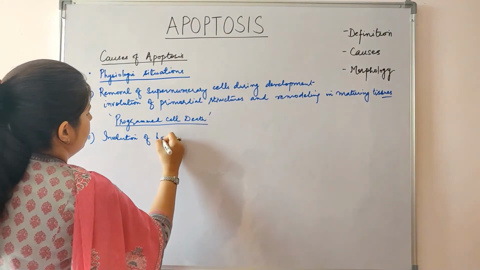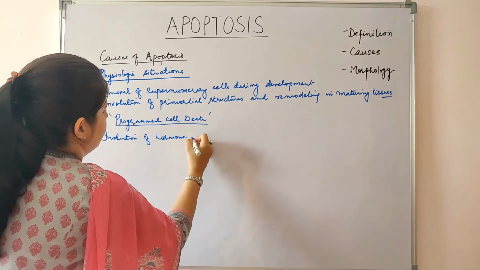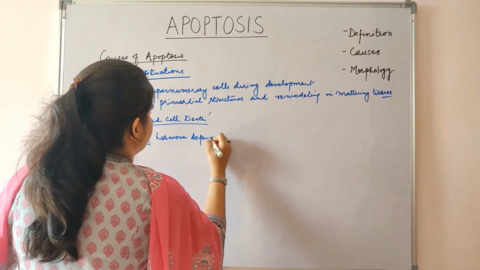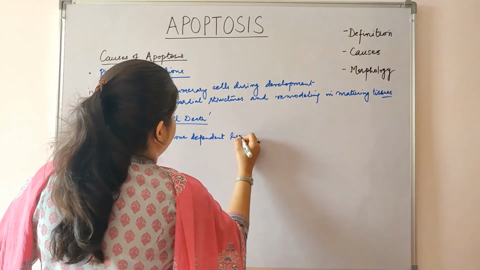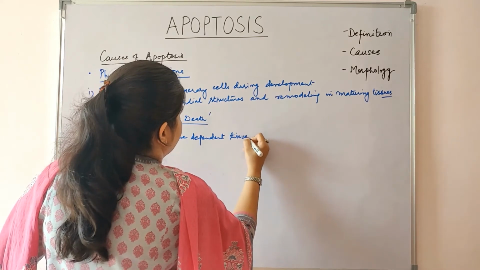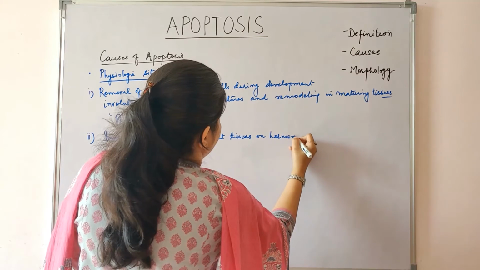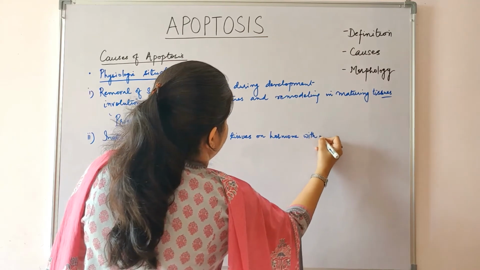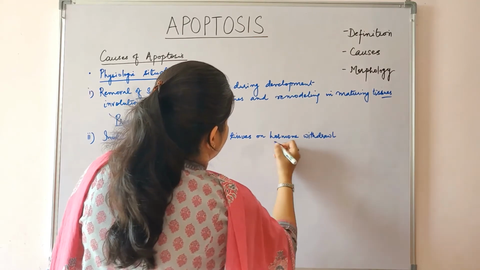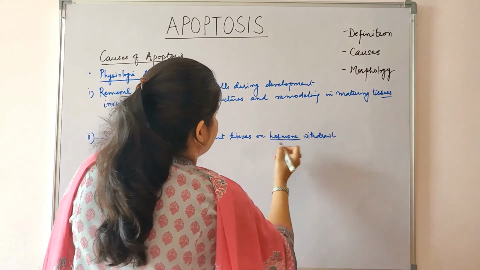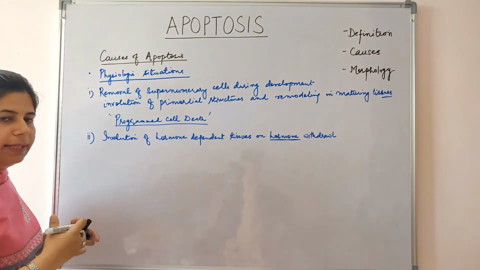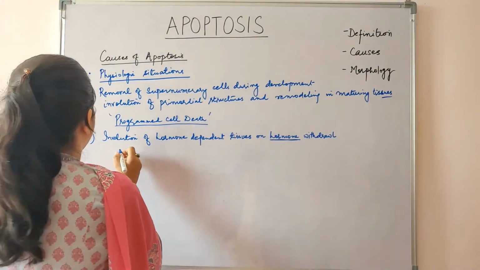Second is involution of hormone dependent cells in the hormone dependent tissues, on hormone withdrawal. So what is happening here? This survival signal, the hormone, we are withdrawing that, so the cell will die.